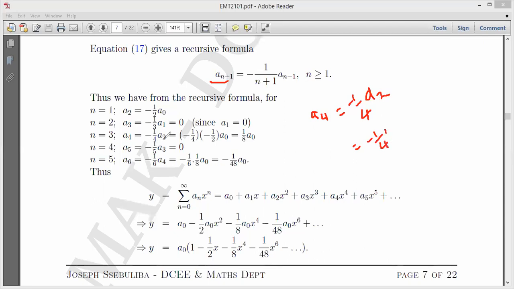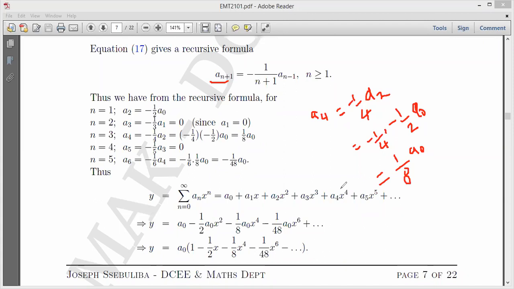But our A2, what is our A2? Our A2 is minus a half N naught. I think that is where the problem is coming from. This gives us a positive 1/8, positive 1/8 N naught. Okay, I think you're right there.